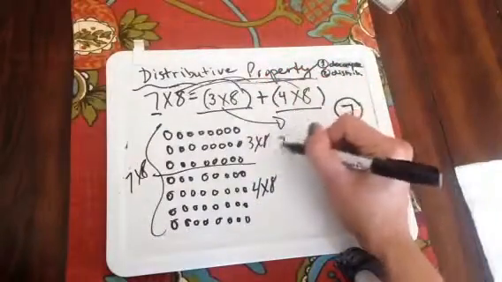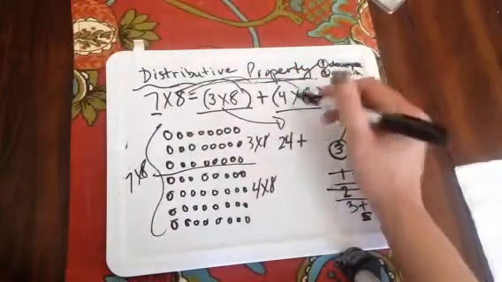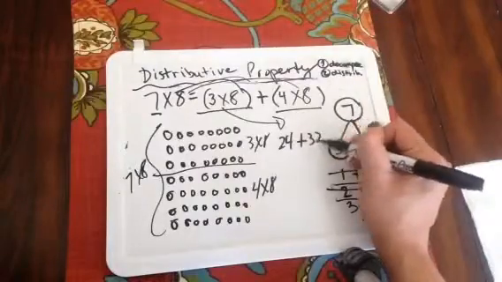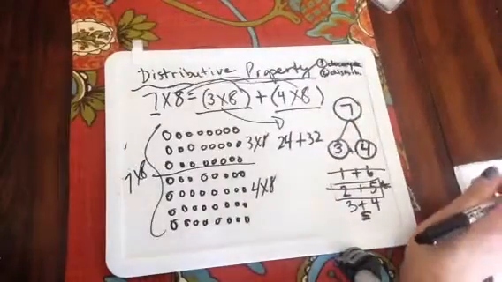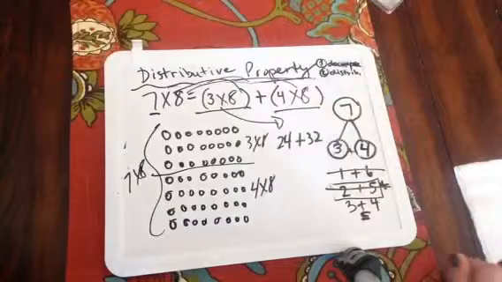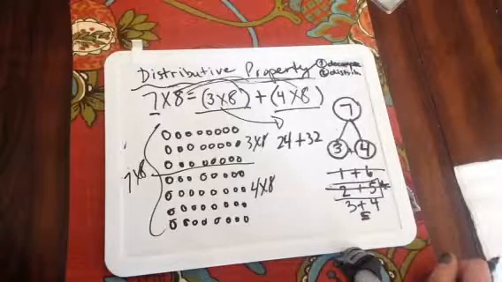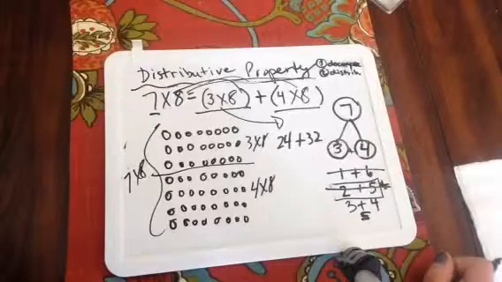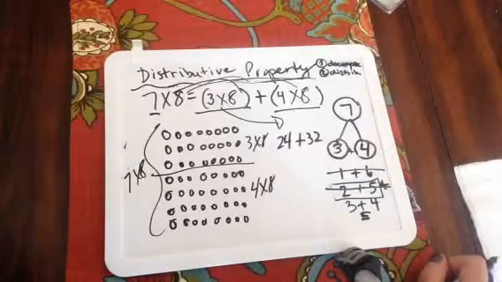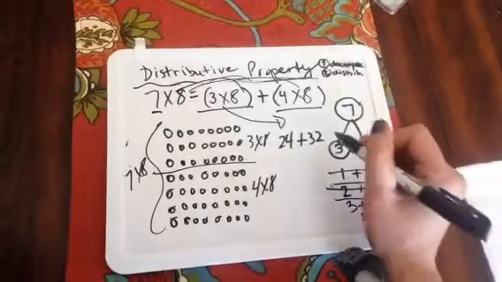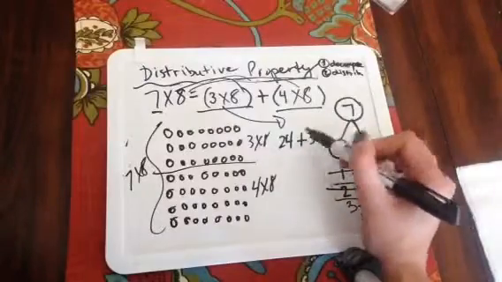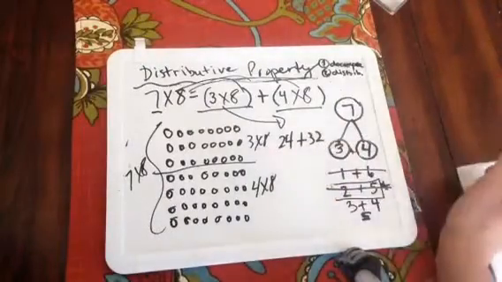So 3 times 8 is 24, and 4 times 8 is 32. Now when you get something like this, especially on an exam, please, please, please don't do it in your head. If you do it in your head, then please double check it using the addition algorithm, okay? Because you could go, okay, well that's 6 and that's, okay, so it's 56.